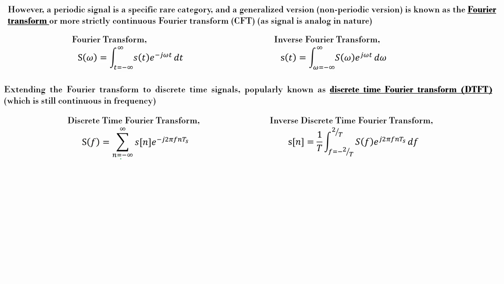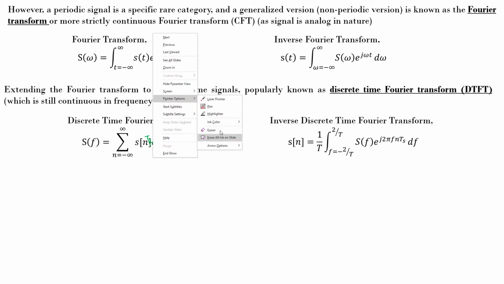And here again I am summing from minus infinity, that is an infinite number of samples, which need not be required, but let's assume it for generality. So S of n is your discretized version of S of t, or you can even put S of nTs instead of S of n for completeness, because that is exactly what it means.